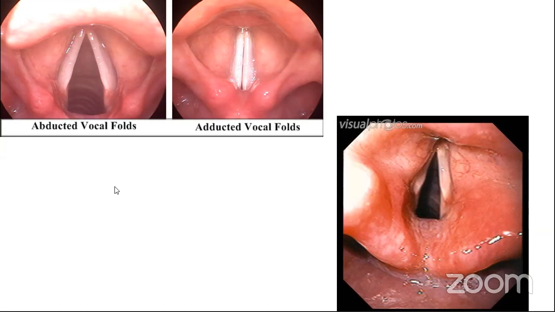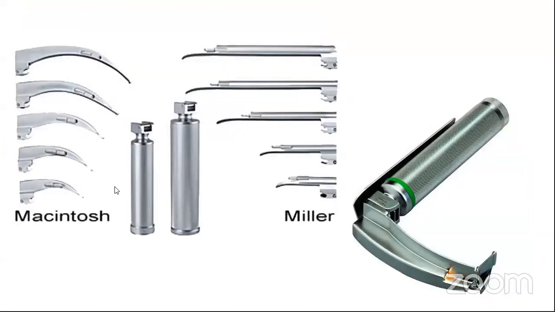And that's why we need another instrument that helps us visualize the larynx and expose the view. At the very beginning, this was the most common or maybe the only device available, which we call a laryngoscope.